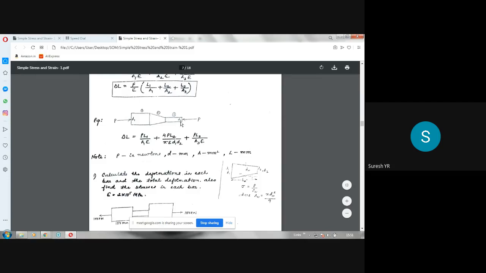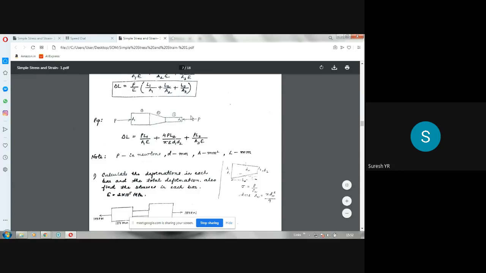So this length will reduce, diameter will increase for this entire bar. So whatever delta L you are going to calculate, that is nothing but decrease in length. Whereas in the first case, if tensile force is there, formula is same, but you are getting increase in length. If compressive force is there, same formula, you are going to get decrease in length. So this delta L in this case is decrease in length because it is a compressive force.